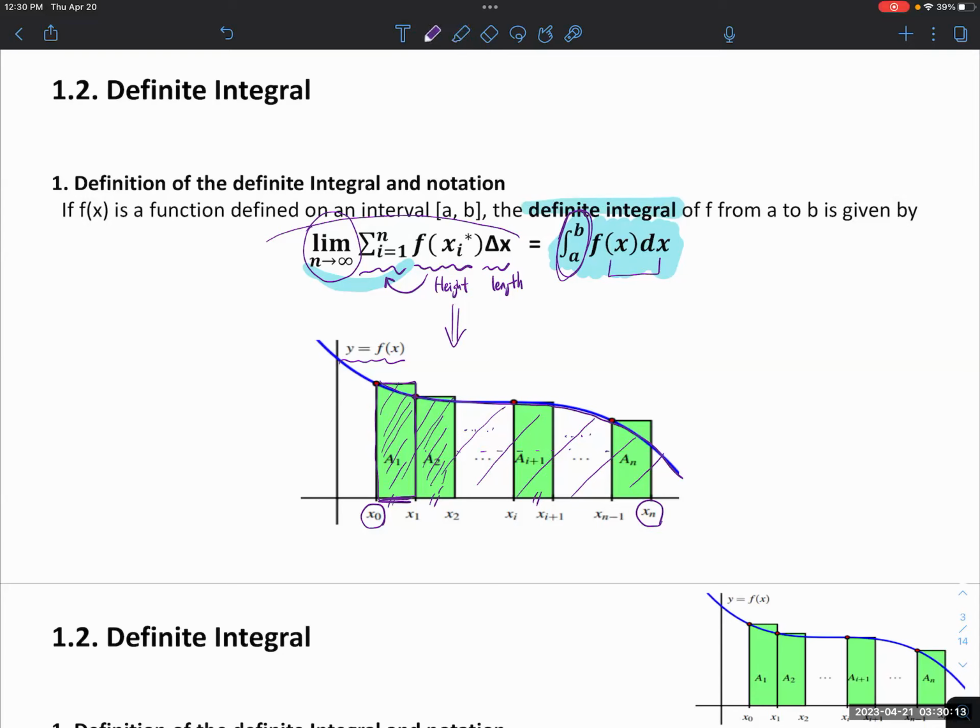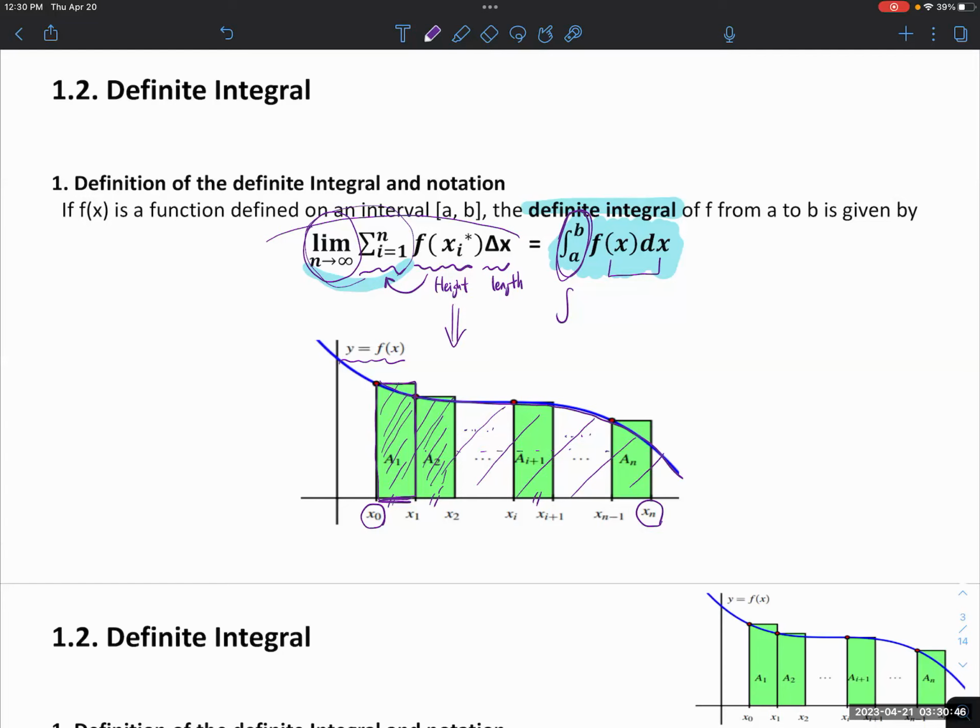In Calculus 2, we're going to use the integral symbol more and more. That's where the integral concept came from. Nowadays we use the integral instead of this complicated limit and summation altogether. As long as you have a very irregular shape of an area, there has to be a way to find the area, right?